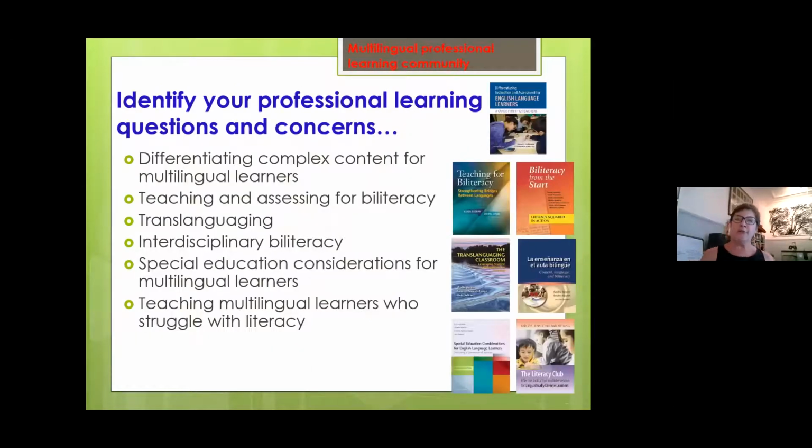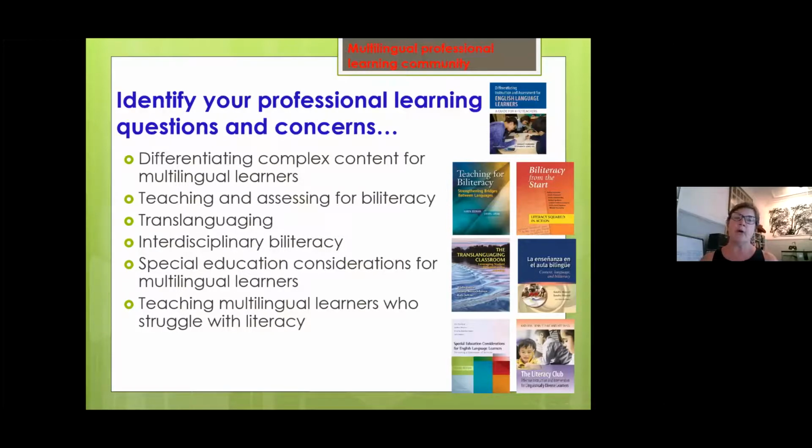So the next thing you'll need to know: you have an idea now, hopefully, of what your professional learning has looked like traditionally and where you want to go with multilingual learning. And now what we want to talk about a little bit is your professional learning questions and concerns. These are some different questions that come up and some Caslon publications that go with them that some of you might already know.